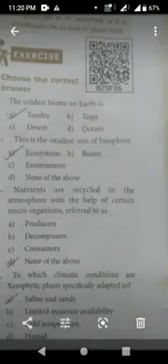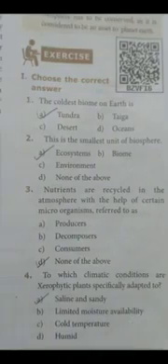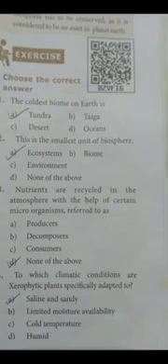First one, the coldest biome on earth is tundra. Okay, option A. Second one, this is the smallest unit of biosphere, ecosystem. Option A. Which is the smallest unit of biosphere? Option A, ecosystem. Third one, nutrients are recycled in the atmosphere with the help of certain microorganisms referred to as dash.